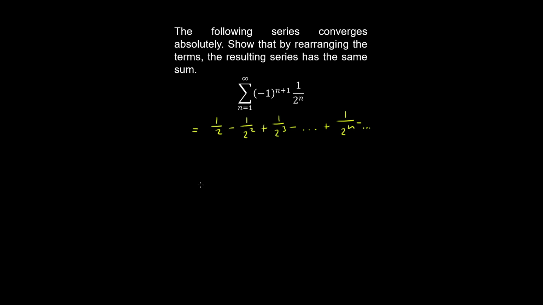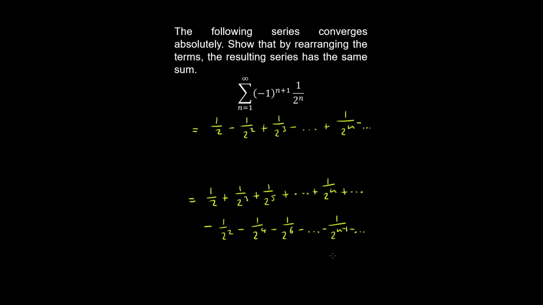And the most obvious way of rearranging this series is by grouping the positive and negative terms together. So this is one series, and this here is another geometric series where we factor out the negative sign.